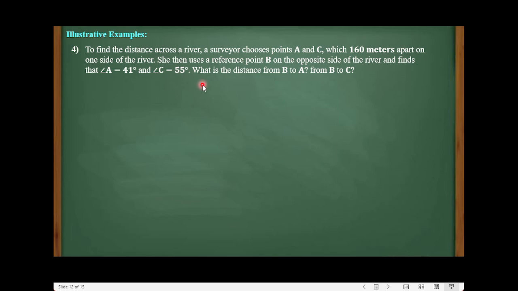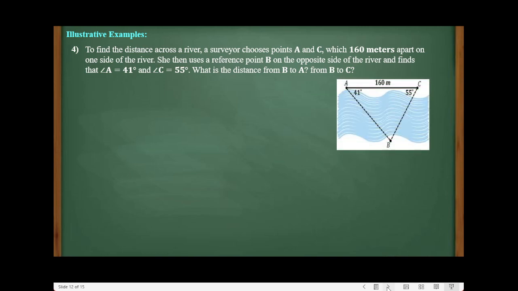What is the distance from point B to A, and what is the distance from point B to C? To analyze the problem, let's say this is the river, and these are the opposite sides of the river.